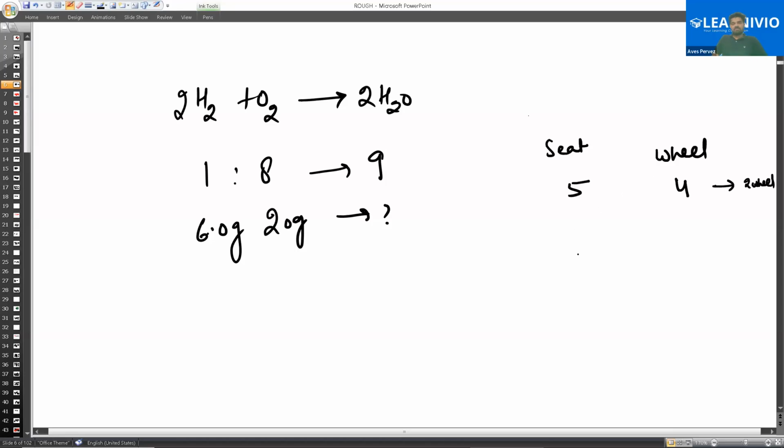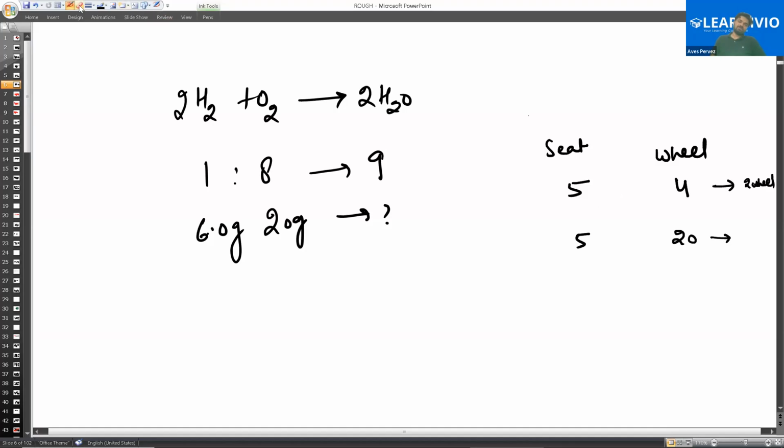Now if I change this, and take 5 seats and 20 wheels, then how many cycles will you be able to make now? Let me ask, how many cycles? 5.